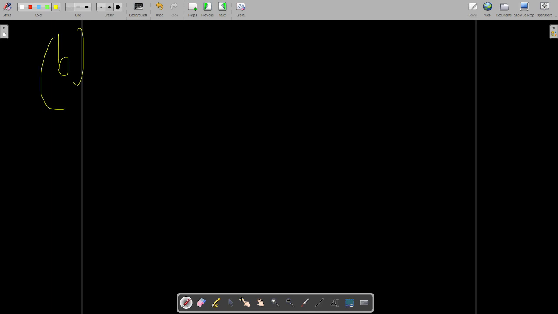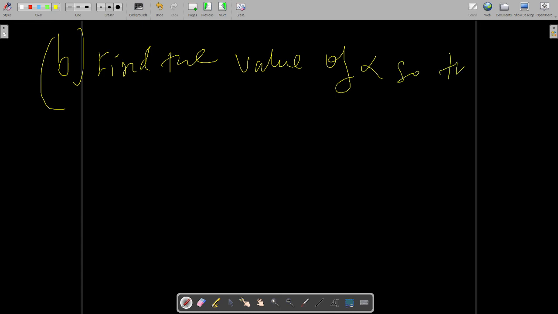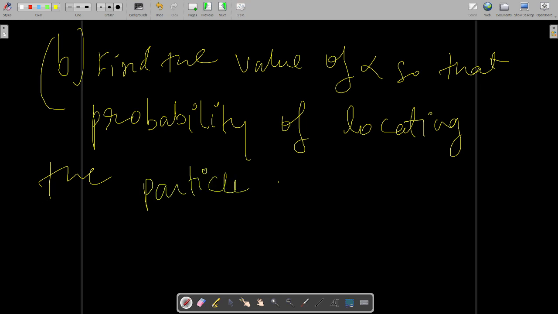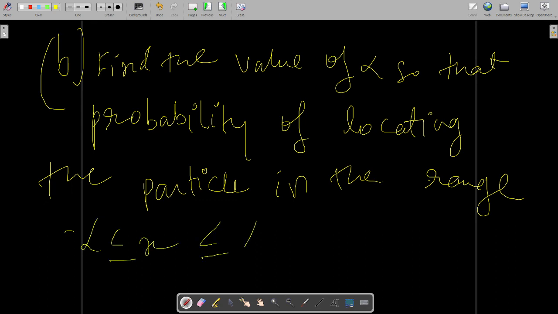The part B of the question says that find the value of alpha so that the probability of locating the particle in the above range, in the range minus alpha to alpha, is 0.5.